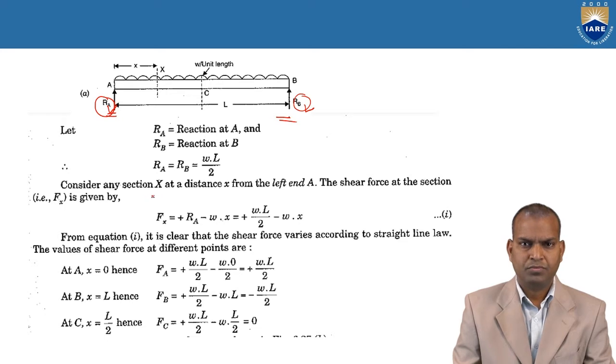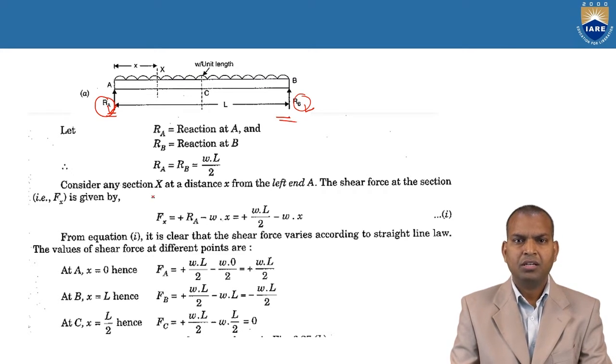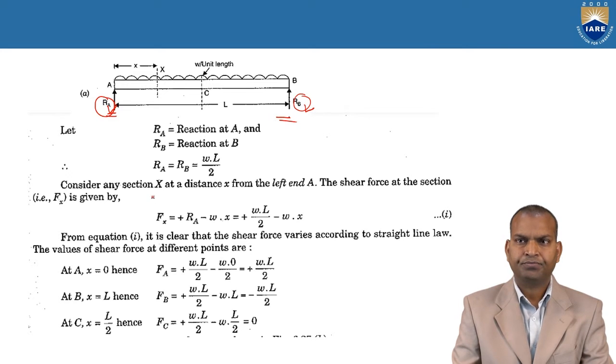Let us assume both are acting vertically upwards. If the results come positive, then our assumption is correct. If the results come negative, then our assumption is wrong, but only the direction will change, the values remain the same.